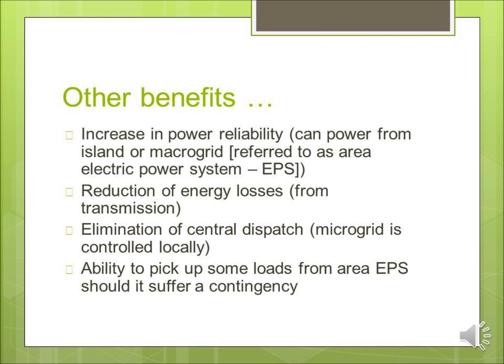Other benefits include increase in power reliability, reduction in energy losses, elimination of central dispatch, and the ability to serve as backup power for some area electric power system loads.